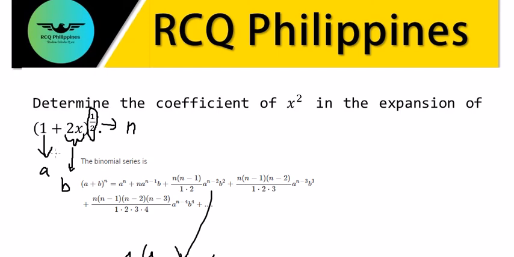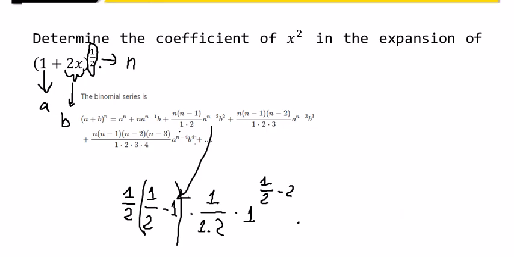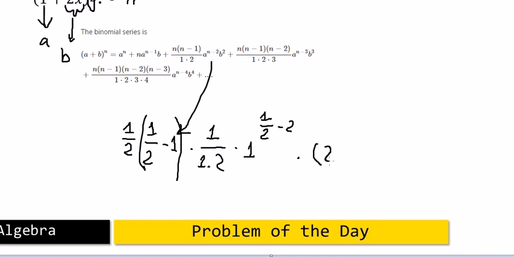A is number 1, to the power of 1/2 minus 2, and we have b as 2x, and we have number 2 in here, and now we can find the coefficient in here.